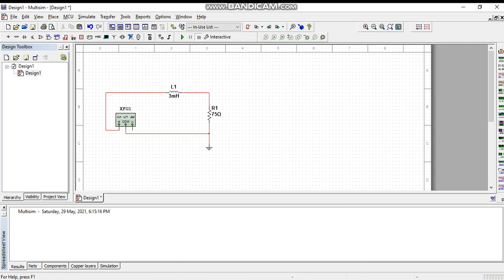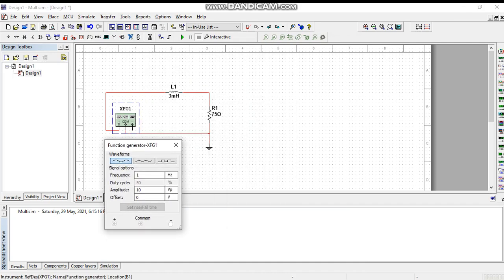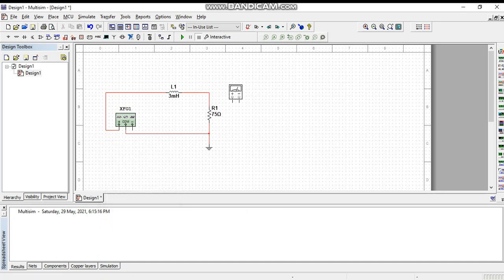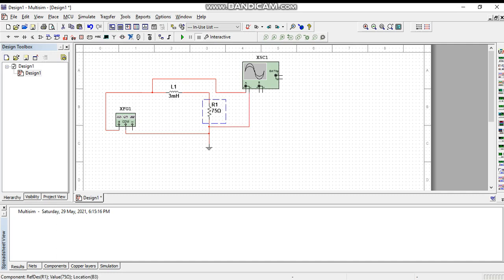So this is Figure 3. Firstly, as in the procedure, we set the frequency to 100 and the amplitude to 2 VP. Then we connect the oscilloscope: channel A is V in, the voltage in, and channel B is across the resistor.